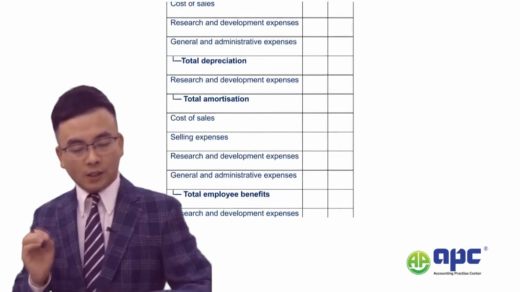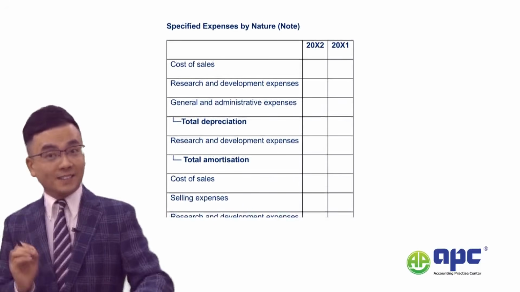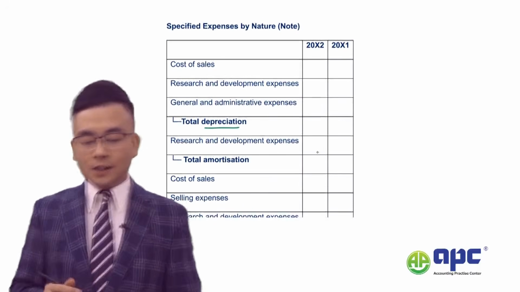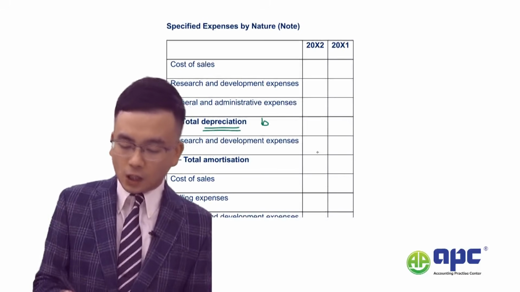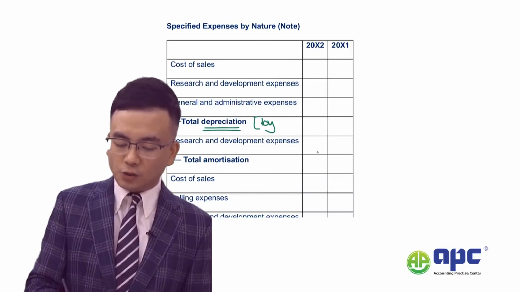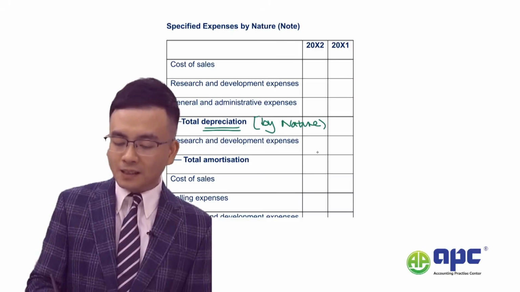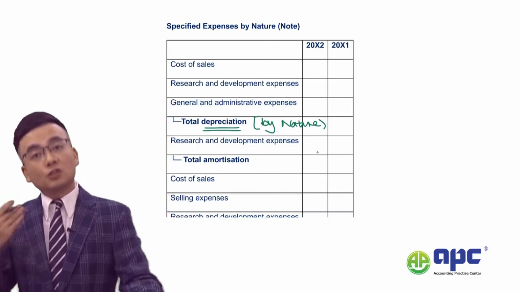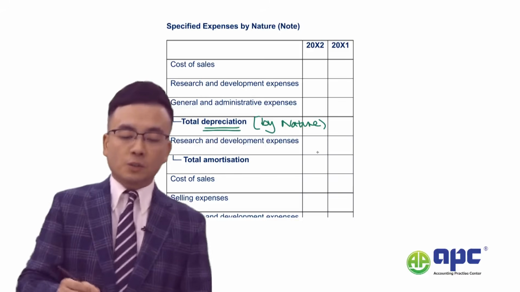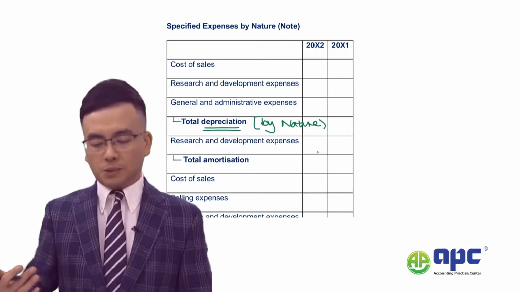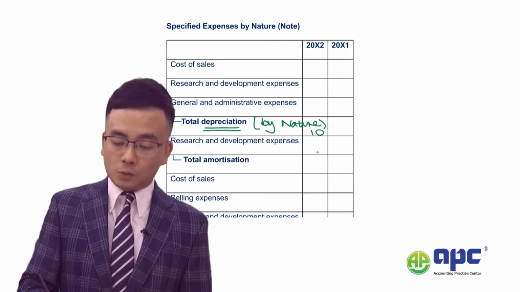But this is not enough. According to IFRS 18, if you were to disclose the total depreciation, because it's so specific, which means this is the by nature way, you will need to trace it back to which department. So for example, the total depreciation, let's say, would be $10.